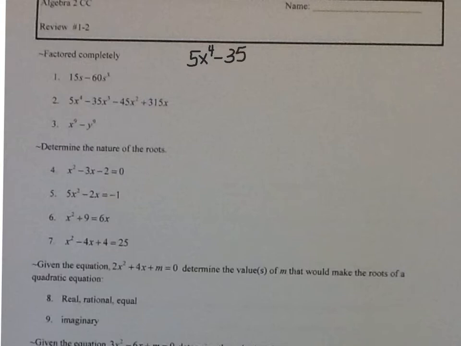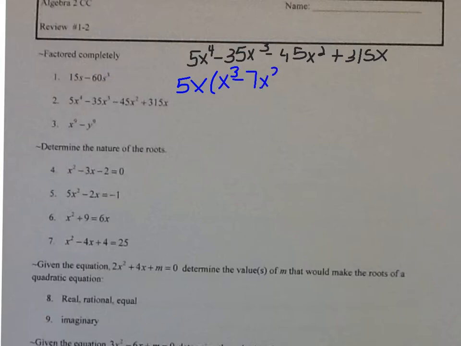So we have 5x to the 4th minus 35x to the 3rd minus 45x squared plus 315x. I notice there is a GCF, and that GCF is 5x. So I'm going to factor out the 5x, and then I'm left with x to the 3rd minus 7x squared minus 9x plus 63.